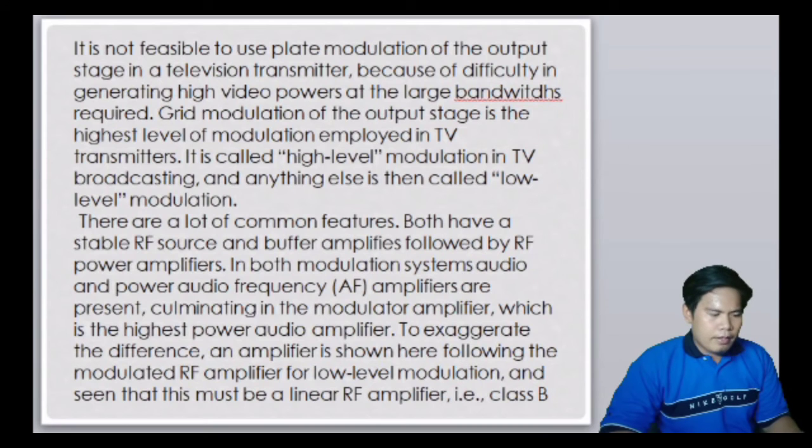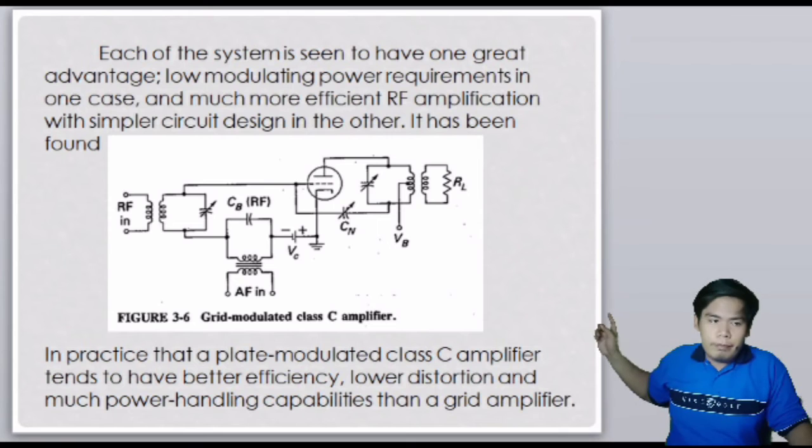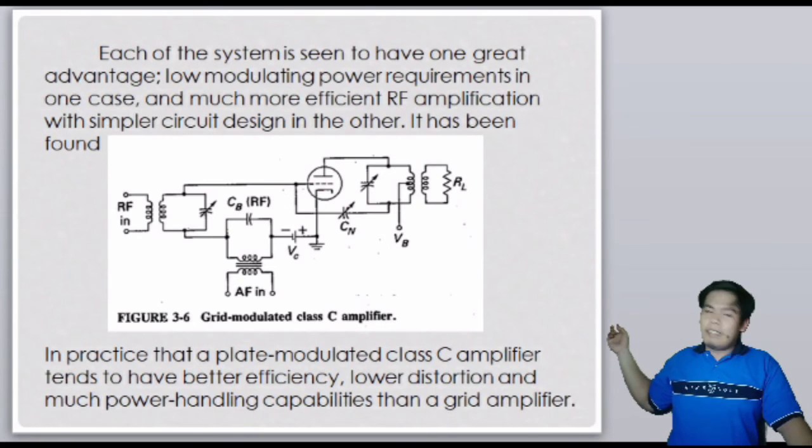To exaggerate the difference, an amplifier is shown following the modulated RF amplifier for low-level modulation, and it is seen that it must be a linear RF amplifier. Each of the systems is seen to have one great advantage: low modulating power requirements in one case, and much more efficient RF amplification with simpler circuit design in the other. At sa figure 3-16, makikita nyo ang grid modulation class C amplifier.